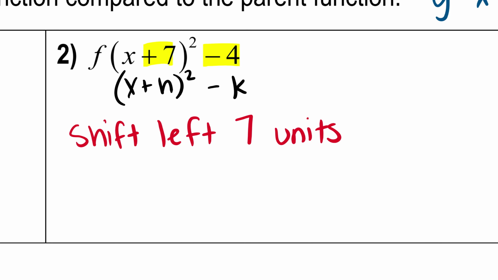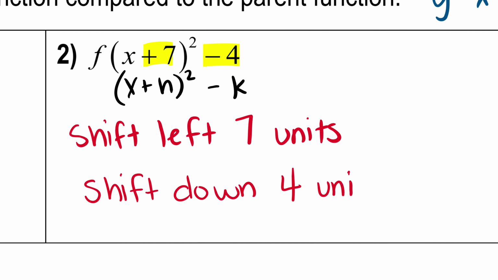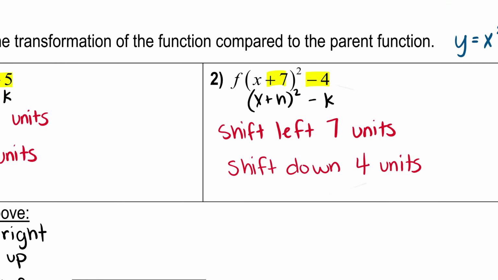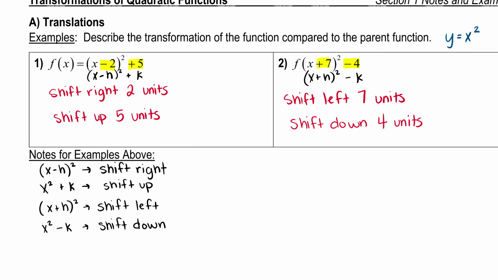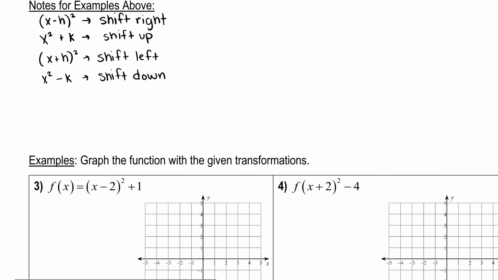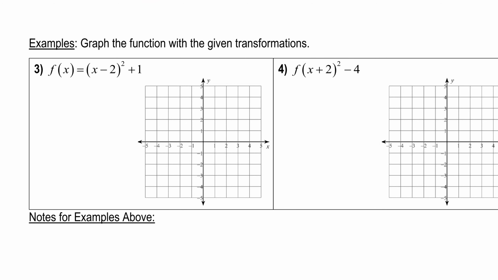And minus 4 is shift down 4 units. And since these are only translations, that's all you can do, right? I can't go left and right at the same time. That just doesn't happen. So I'm done with 1 and 2, and that's it for translations as far as a function. Okay, now we're going to do this on the graph.